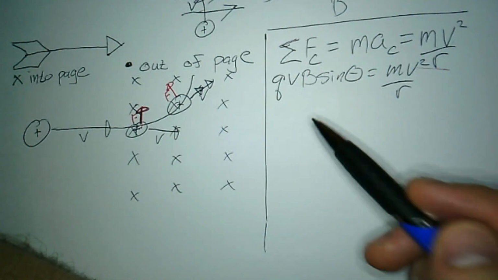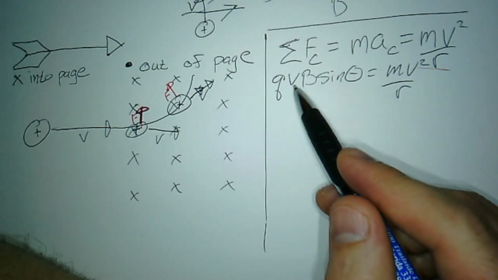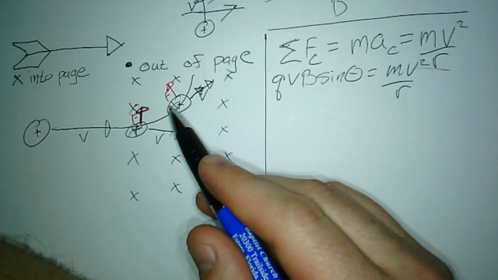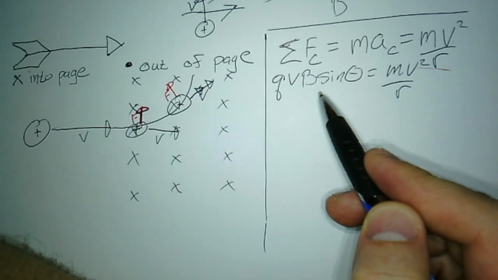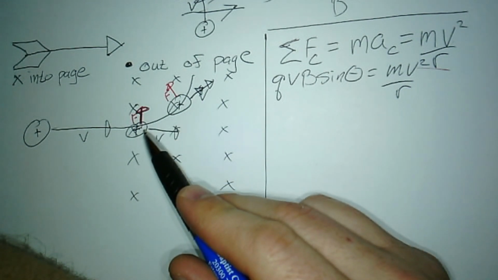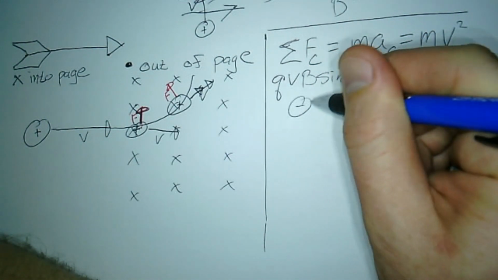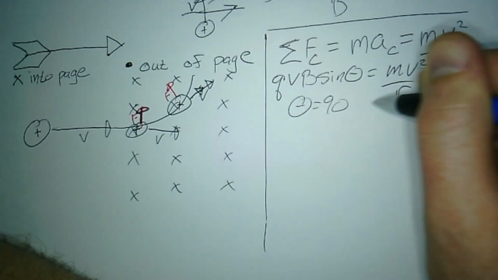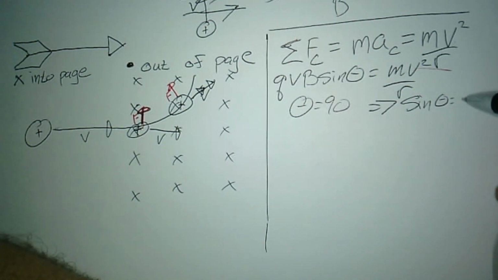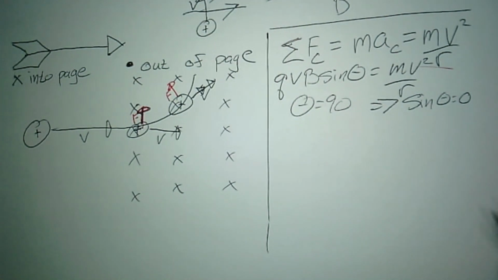Now, if I'm solving for Q, I can divide both sides by this term here, VB sine theta, which, hey, actually what's going on here is everything's perpendicular. So what's my theta? Well, theta is 90 because the velocity is perpendicular to the field. So my theta is 90. This tells me that sine theta equals 1.